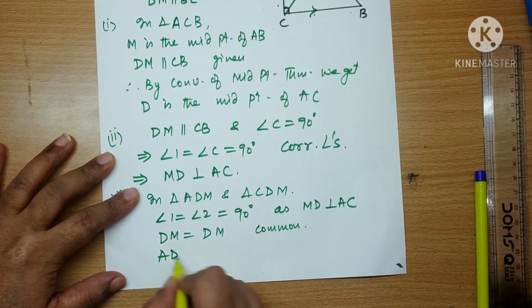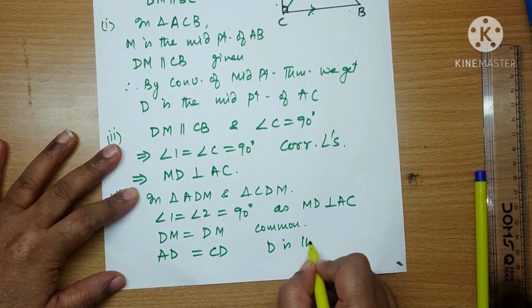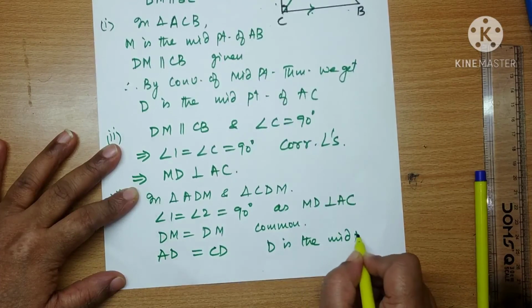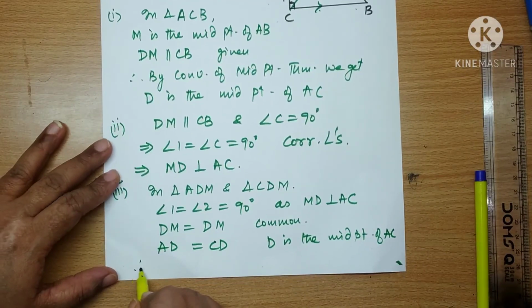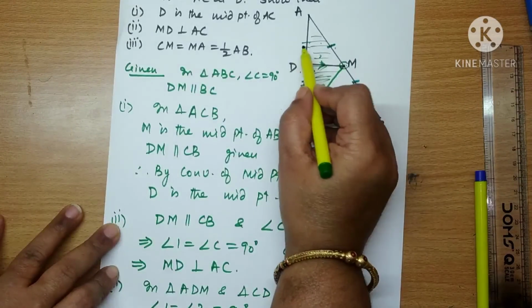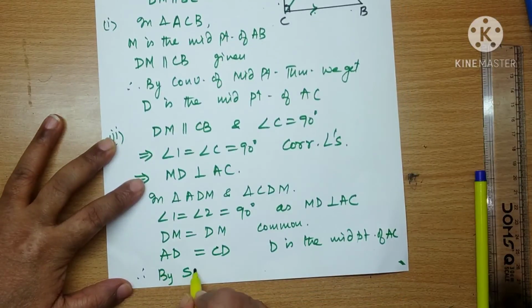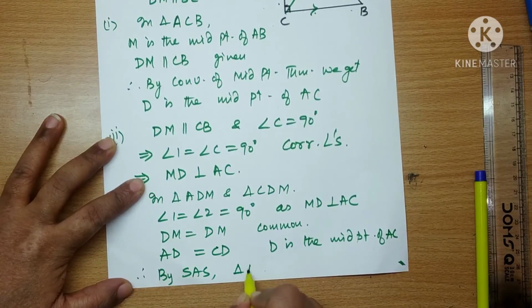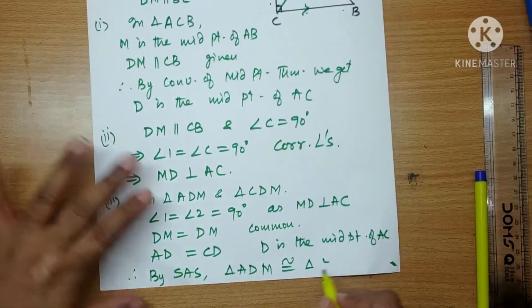Then we have AD is equal to CD, D is the midpoint of AC. Therefore, by which rule? SAS. So, by SAS rule, triangle ADM is congruent to triangle CDM.